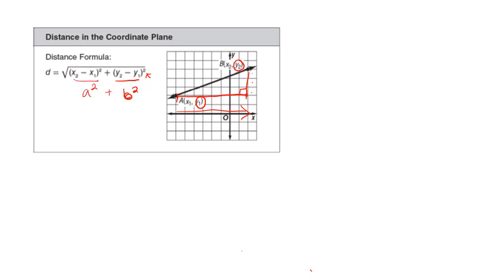And if you remember from those problems with the Pythagorean theorem, if I do the square root of that, it'll give me the hypotenuse. So the distance formula is just the Pythagorean theorem. Because this is like b squared and this is like a squared, and then we're doing the square root of it.